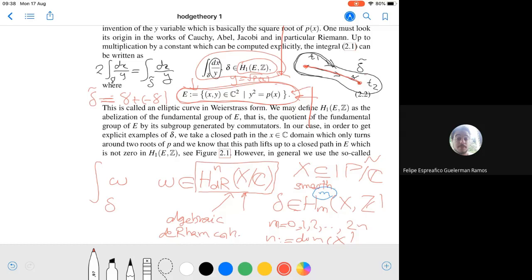So a few lectures we will also invest in developing this algebraic de Rham cohomology, and also in order to have these integrals. Okay, so maybe I took a few minutes.